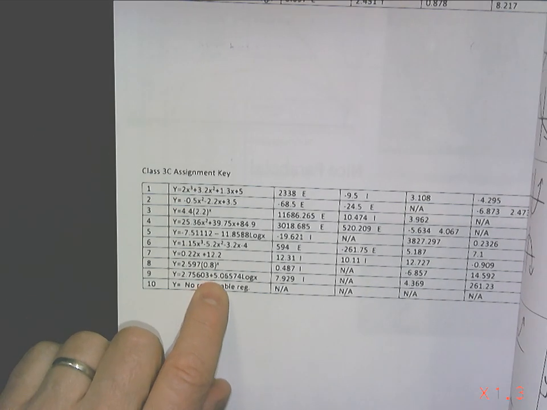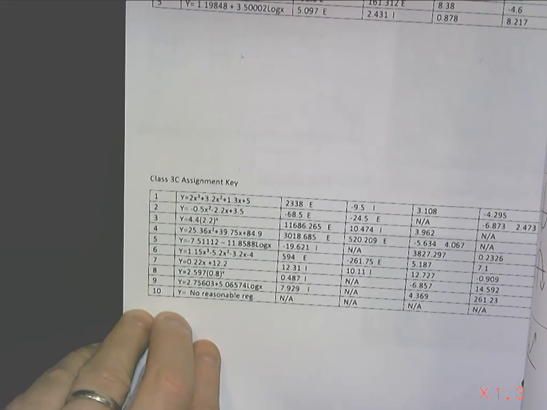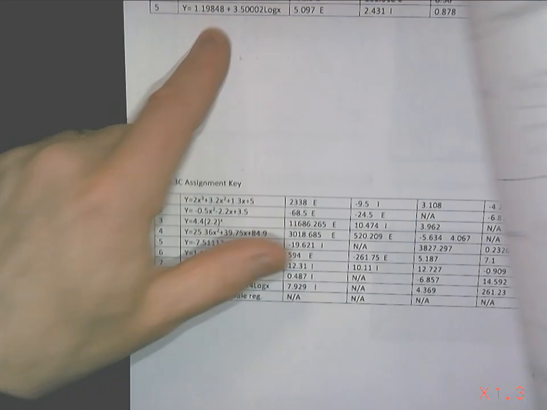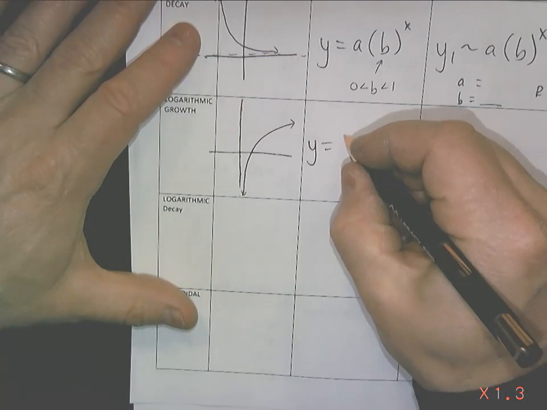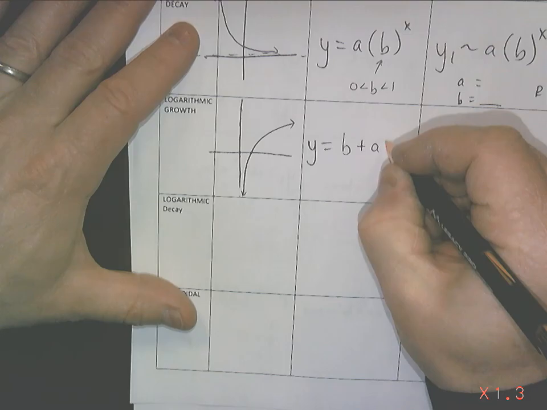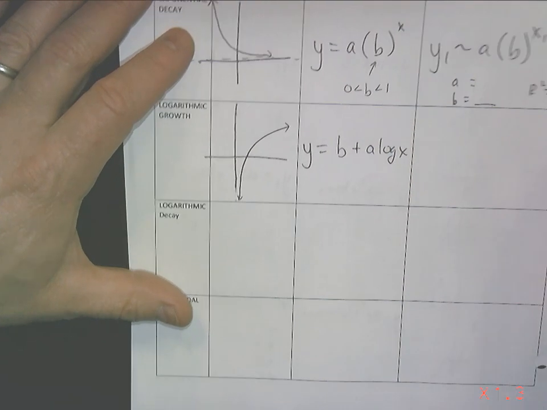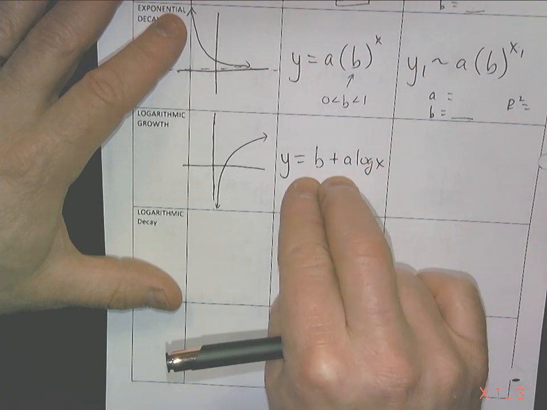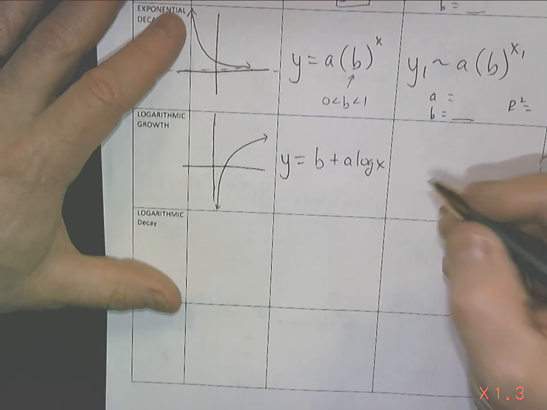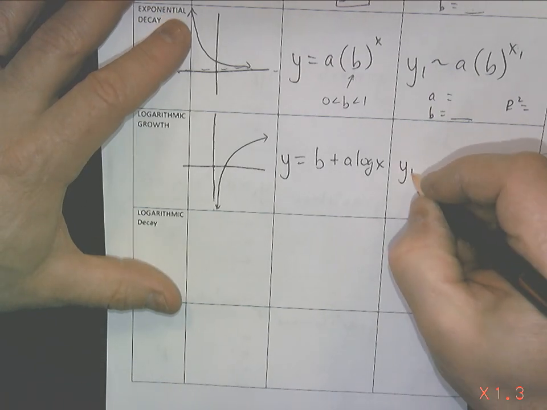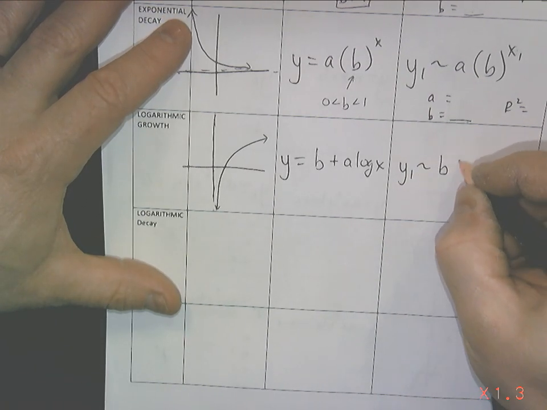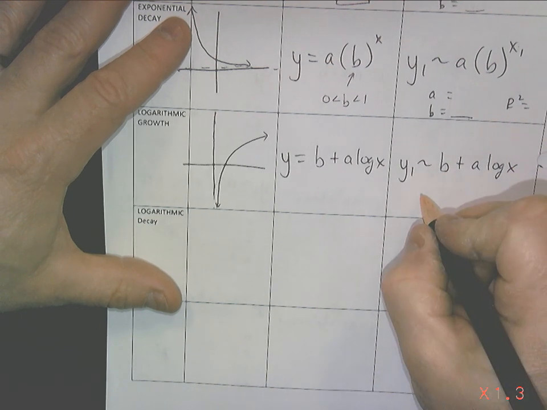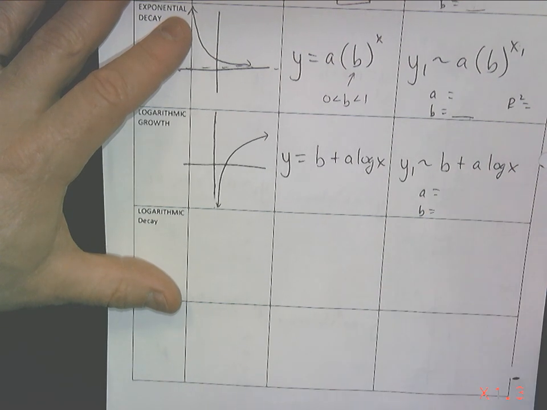Okay, so they're going to have it in this form, b plus a log x. It's just a matter of how you write that. Sometimes I put the a log x first and then the b, but just looking at the answer key so you don't get confused, it'll look like that. y1 tilde b plus a log x. And again, you'll have an a and a b.